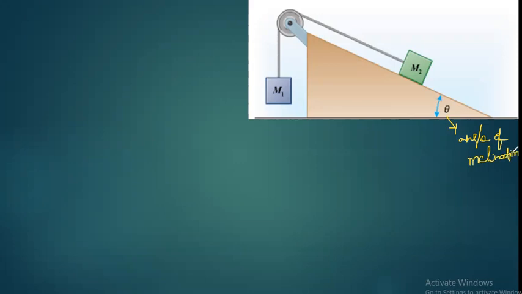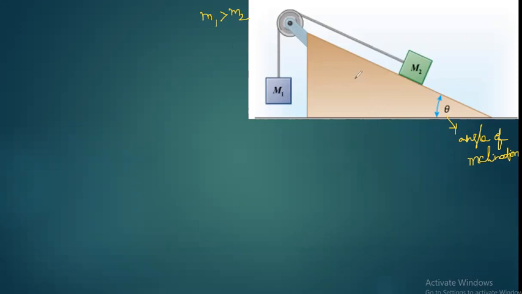Got it? Because it is making some angle, these two masses M1 and M2 are attached with a pulley, right? So inclination with pulleys now. Here I am considering M1 is greater than M2. You observe whether the figure is given correctly.